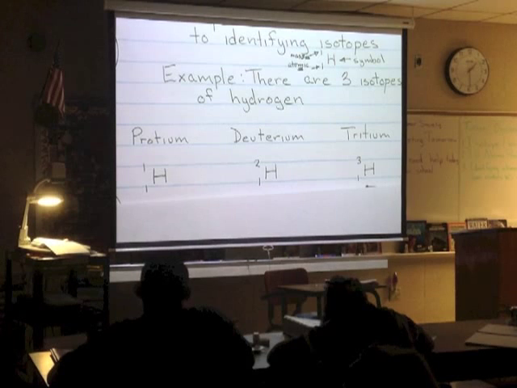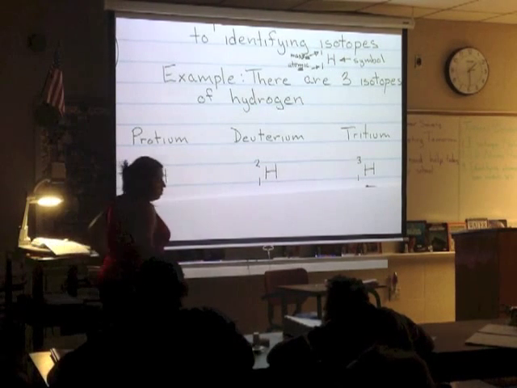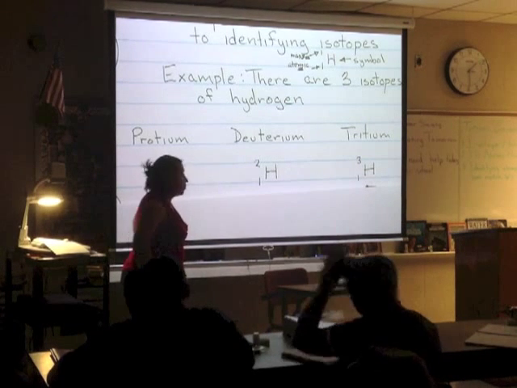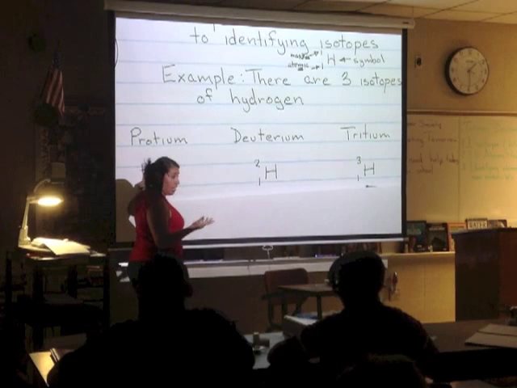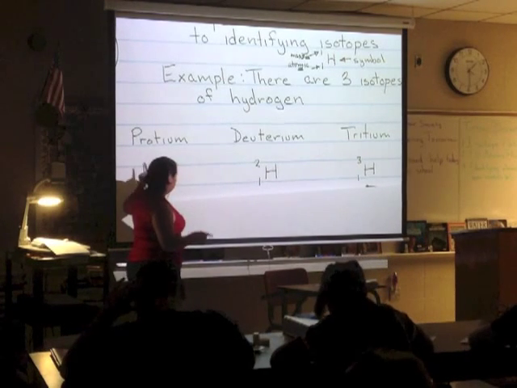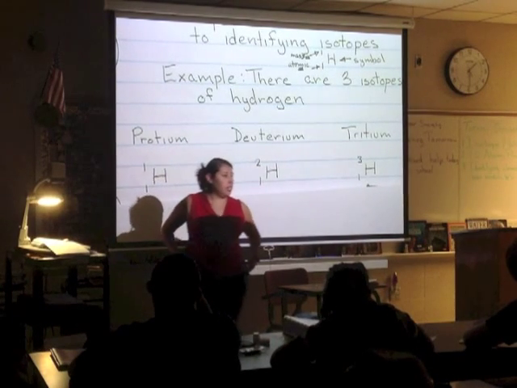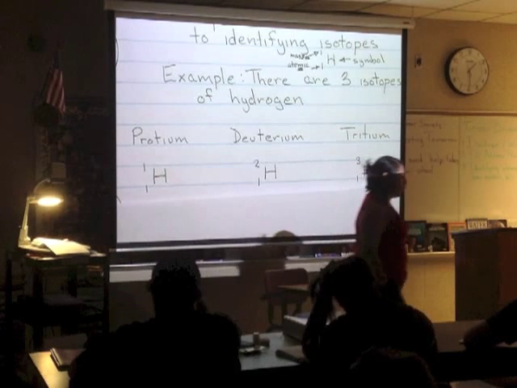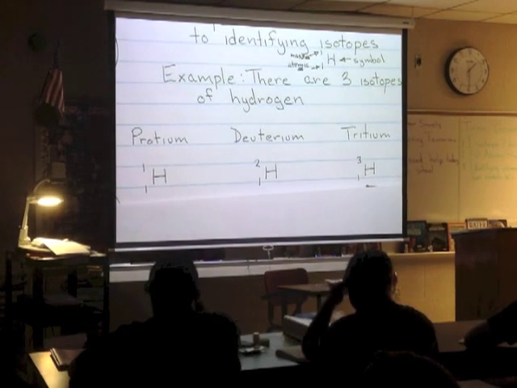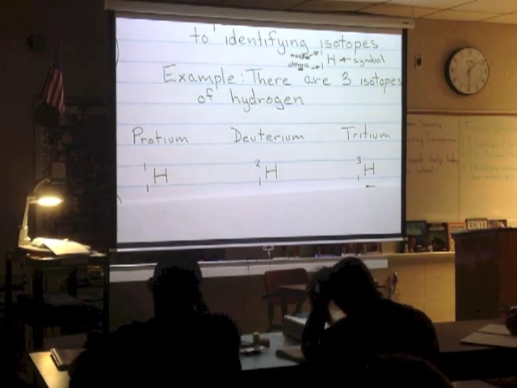Now, Princesa, what do they have different? The atomic mass, which in this case we call a mass number. Because remember, atomic mass is with a decimal. So the mass number, 1, 2, 3. And let's see, Reina, what does that change? If my mass numbers are different, what does that tell me about the atom? That the neutrons are different.